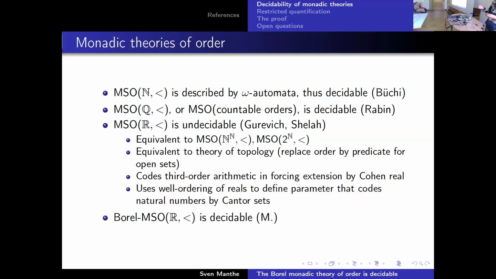It could actually be described as the monadic theory of all countable total orders, but it can also be shown decidable, for example, using tree automata of Rabin, or also the technique I will be using here. But the monadic theory of the reals with order is undecidable. This is a result of Gurevich and Shelah.